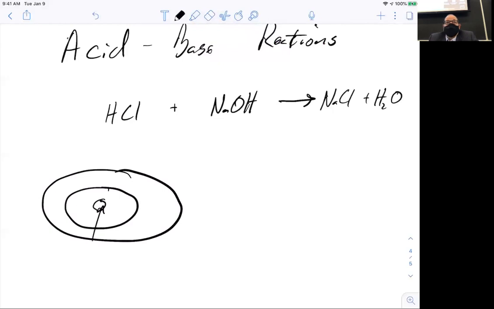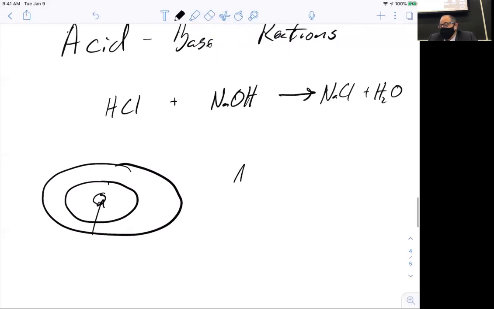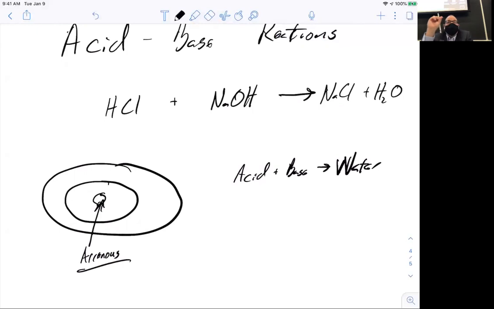If we look at this first definition, and you might have heard it, acids and bases make water. You might have heard that in elementary school. That's true. An acid and base will make water, but that's the Arrhenius definition. That's like the old definition. That's this little microcosm of acid-base reactions.